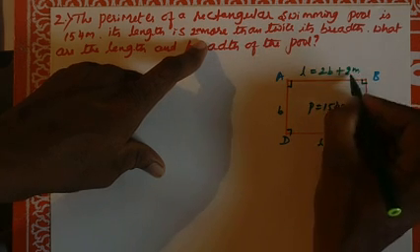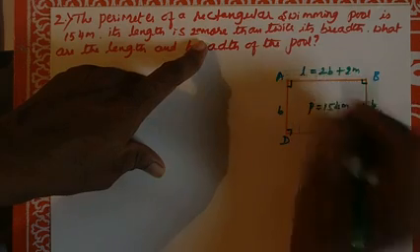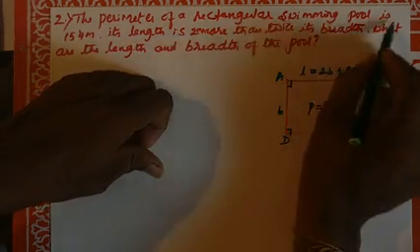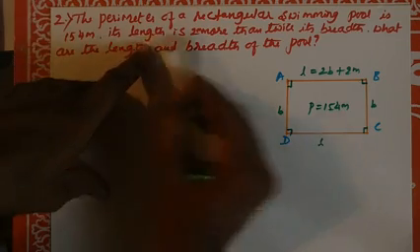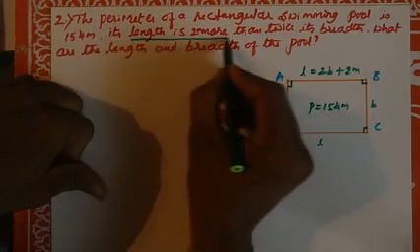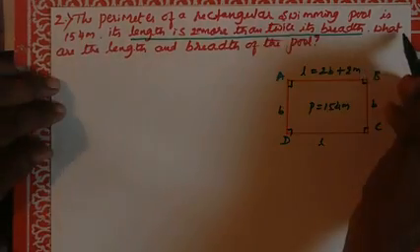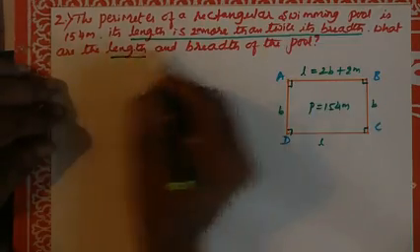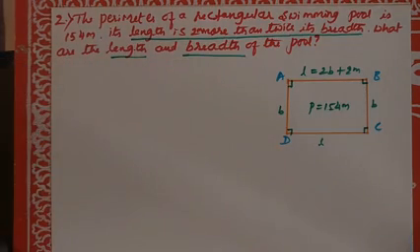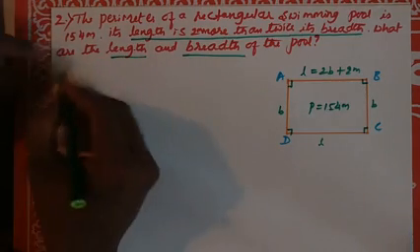This is very important. So we need to find the length and breadth of the rectangular swimming pool. Let us see the solution.